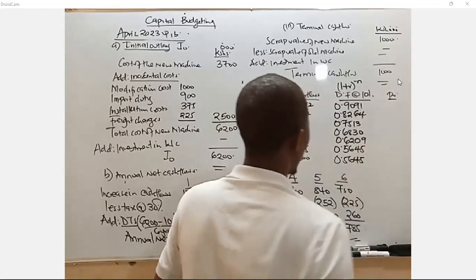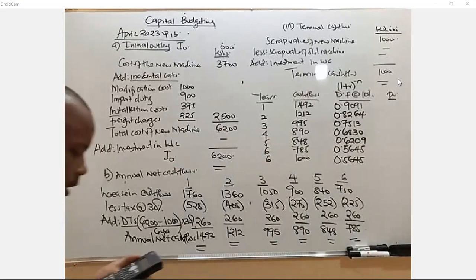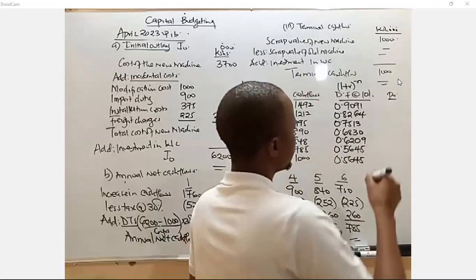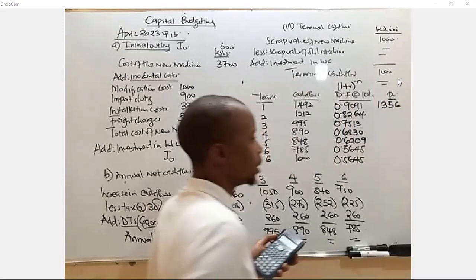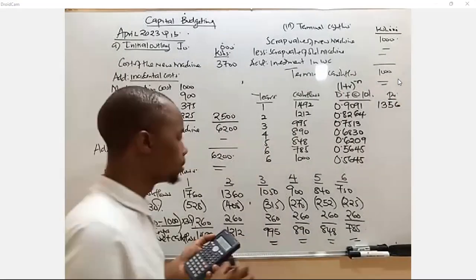Then you multiply your cash flows with the discount factors. I'm sorry for the challenge you're experiencing. So it will be 1492 times 0.9091, getting 1356. The second one will be 1212 times 0.8264, getting 1002.